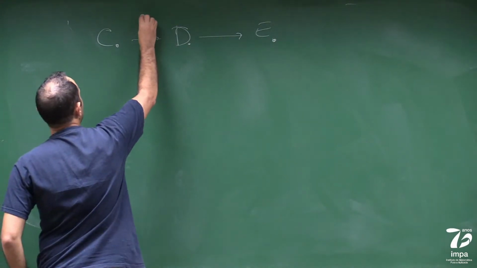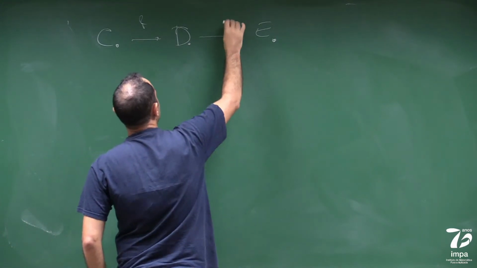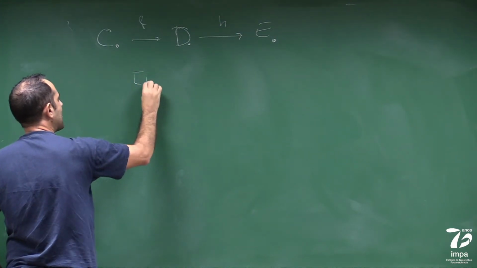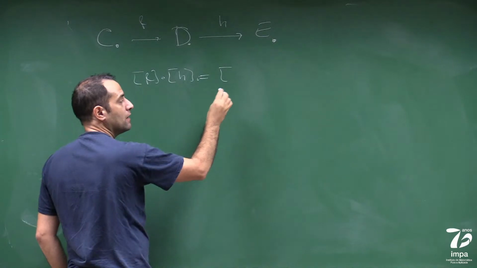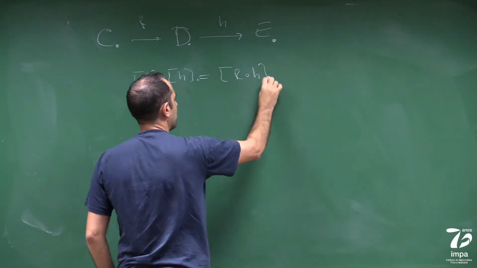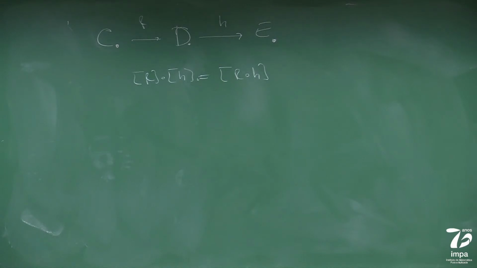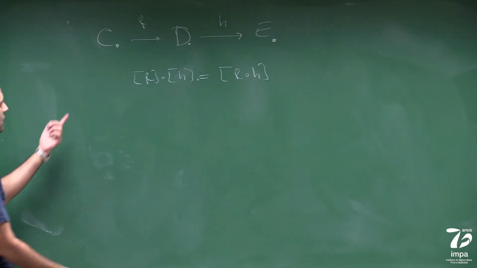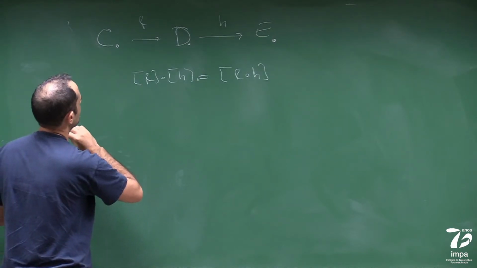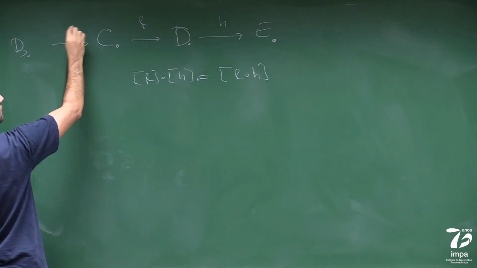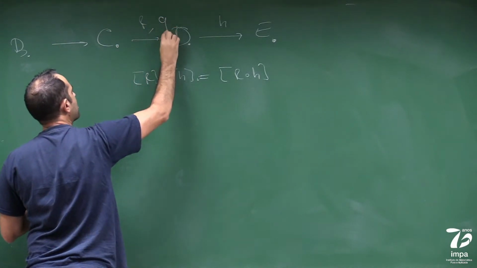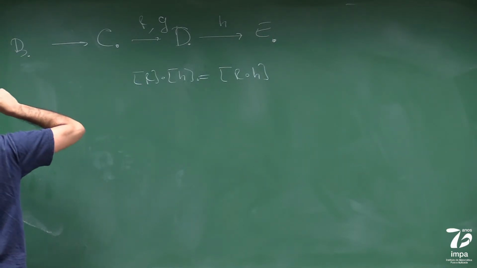So if I have some F here and some G here, and some H here, then I would want to prove that the class of F composed with the class of H, which I define to be the homotopy class of the composition, is well defined. Again, that's also a pain in the butt, but it's not so bad.